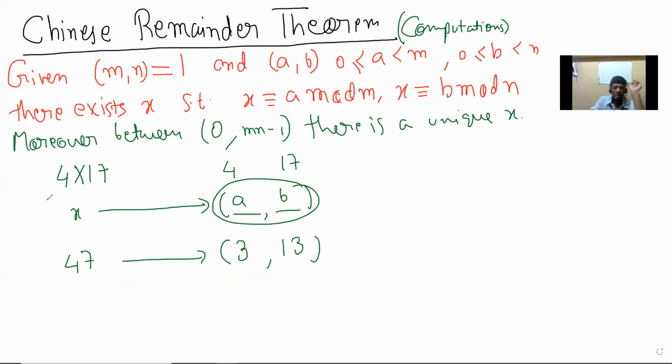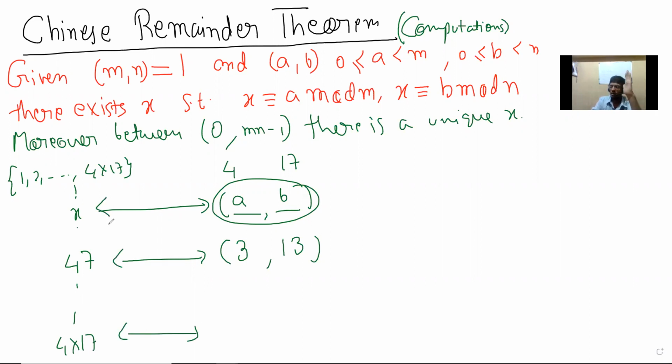If you are taking x from 1 to 4 times 17, or 0 to that, then for everything on the left hand side, there is a unique thing on the right hand side. And for everything on the right hand side, there is something on the left hand side. For any two remainders, there is a number, and it is a unique number.